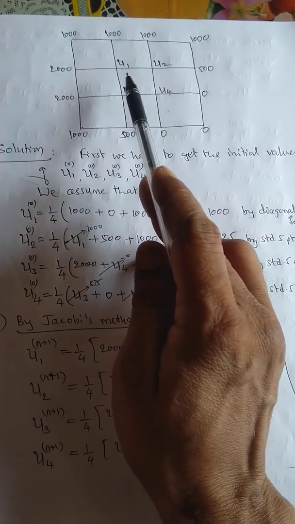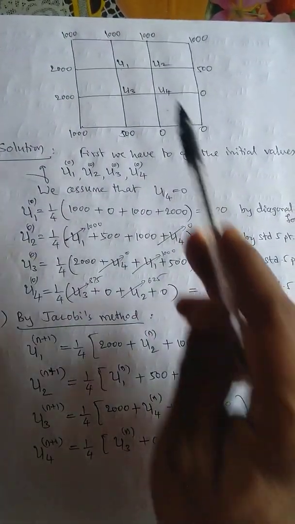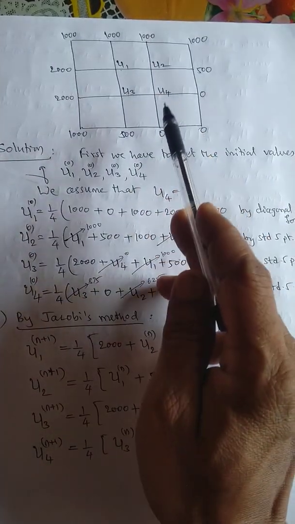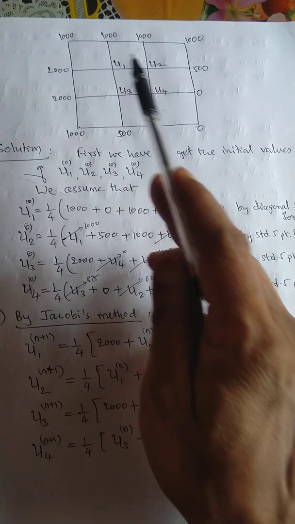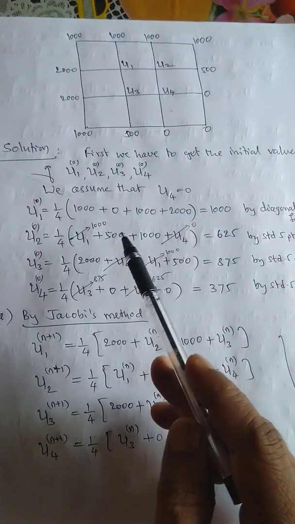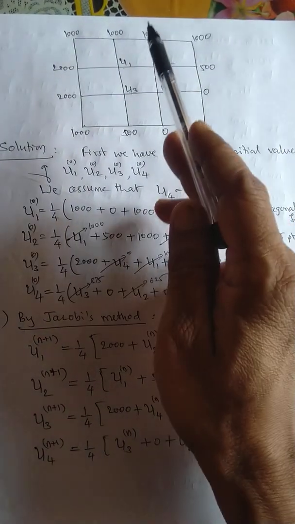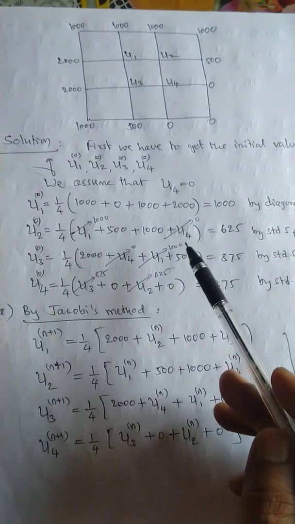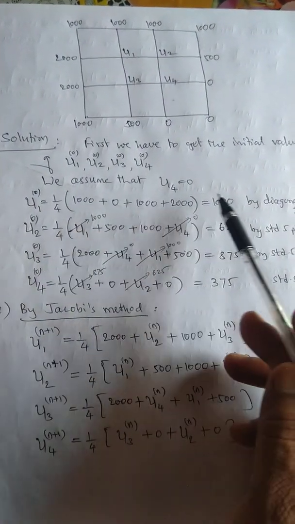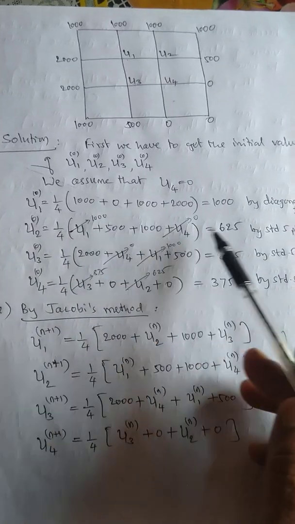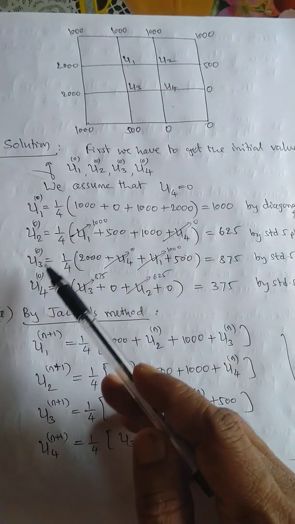U4 is 0 and U1 is 1000. We substitute these values, and we get 625.